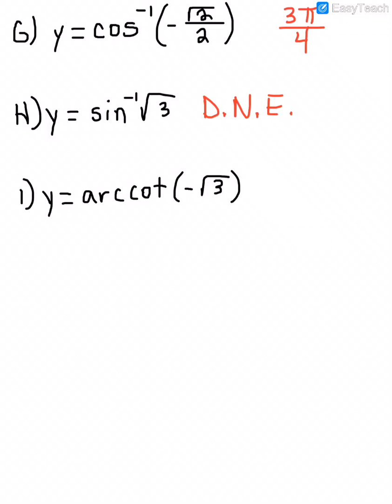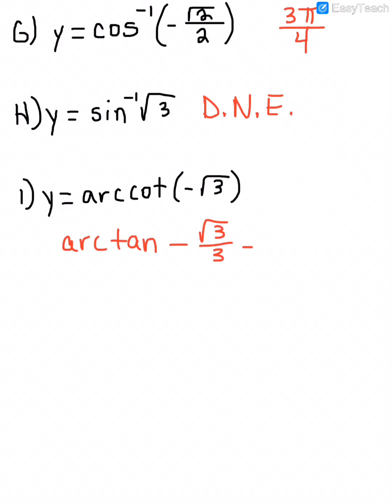Okay, for the arc cotangent of negative square root of 3, that would be the same as the arc tangent of negative square root of 3 over 3, or it's 1 over the square root of 3, and when we rationalize it, that would become the square root of 3 over 3.